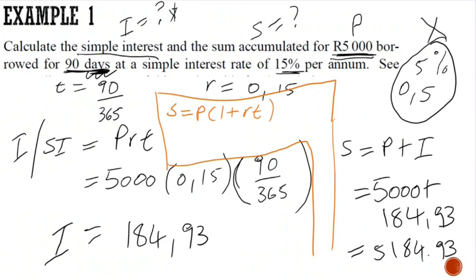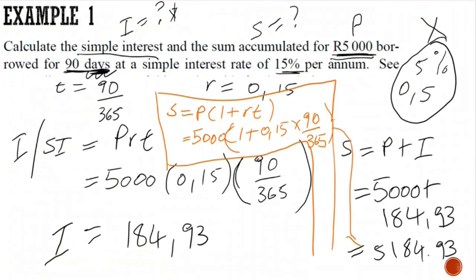That is another formula that you can use for an accumulated amount. So this is going to be 5,000 into 1 plus your R, which is 0.15, multiplied by the time. What is important is the time. I think the emphasis here is just how you convert the time. If you plug this into your calculator, you'll get your answer, which is this one. So this is simple interest.